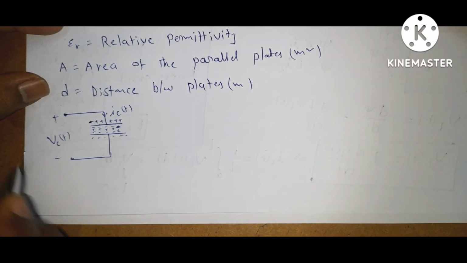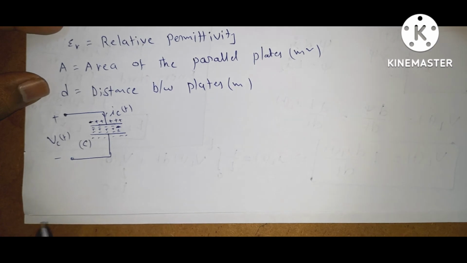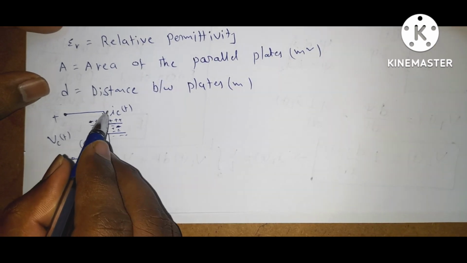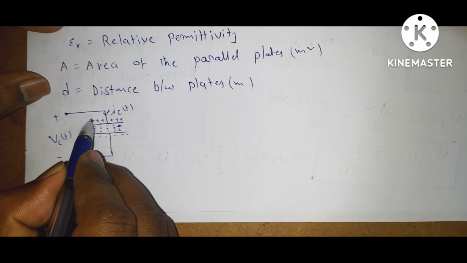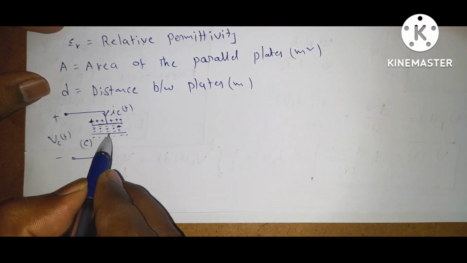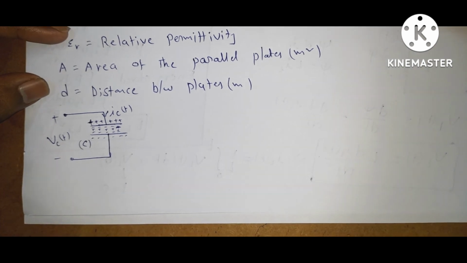Again consider a simple circuit. So this is the capacitor with capacitance C farads. If we apply time varying voltage, time varying current flows through this capacitor. So on the top plate a positive charge is accumulated and on the bottom plate a negative charge is induced.